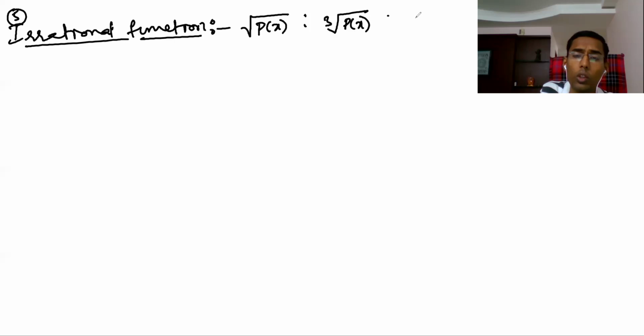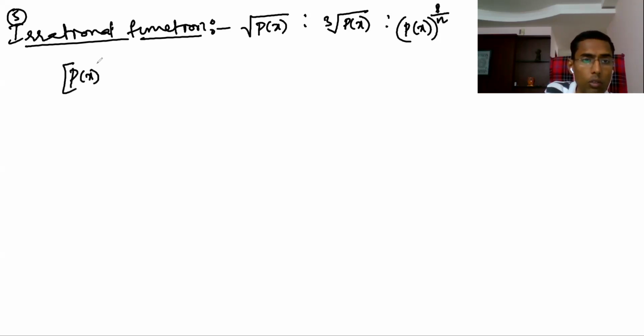So nth root of a polynomial, or p of x whole to the power of 1 by n. Or p to the power of q, or like this, polynomial to the power of a by b. Okay, this is called irrational function.